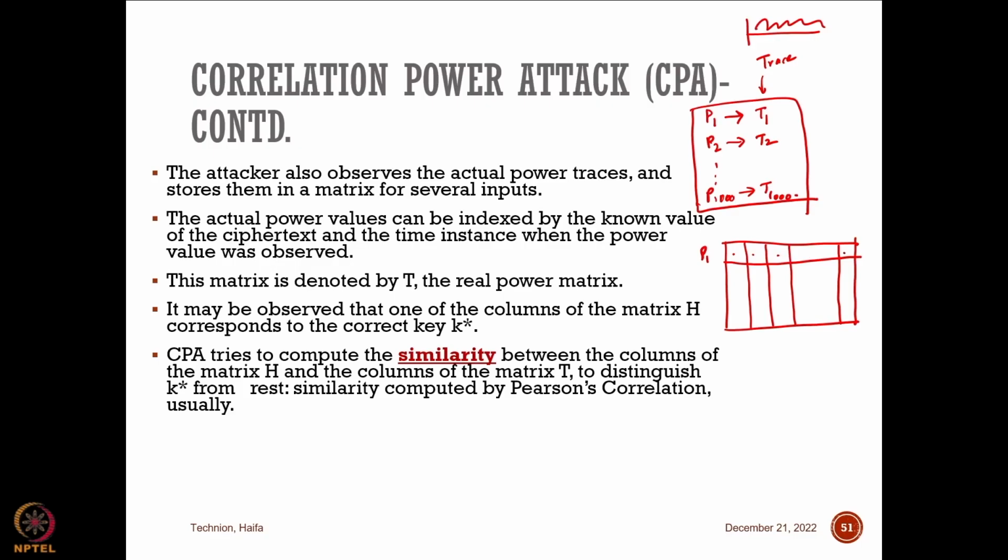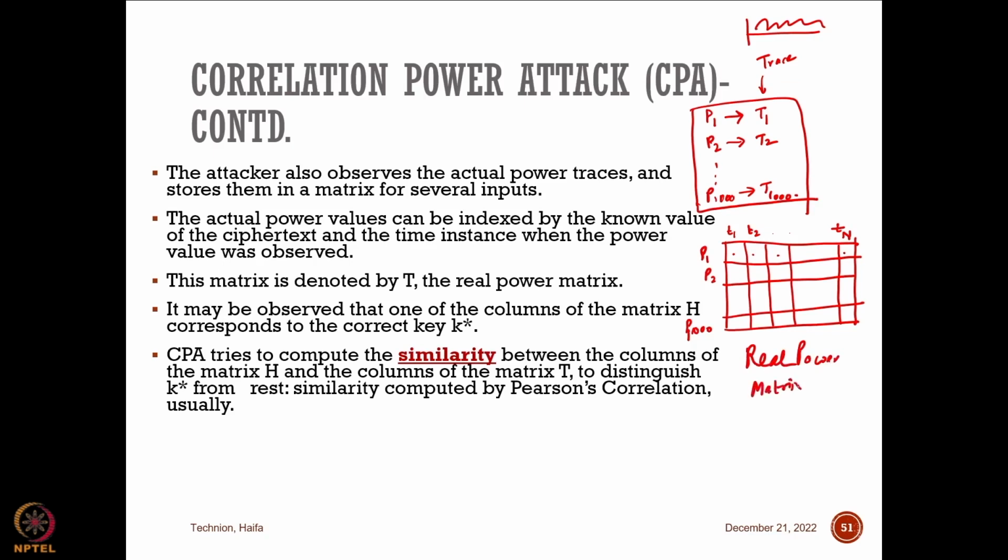Likewise, you have the second row for the second plaintext, another row in the table, and likewise you have say 1000 encryptions. Each column here denotes T1, T2, and so on. These are all the time instances, maybe sampled till Tn if there are n samples. So this gives you a matrix which I call the real power matrix.